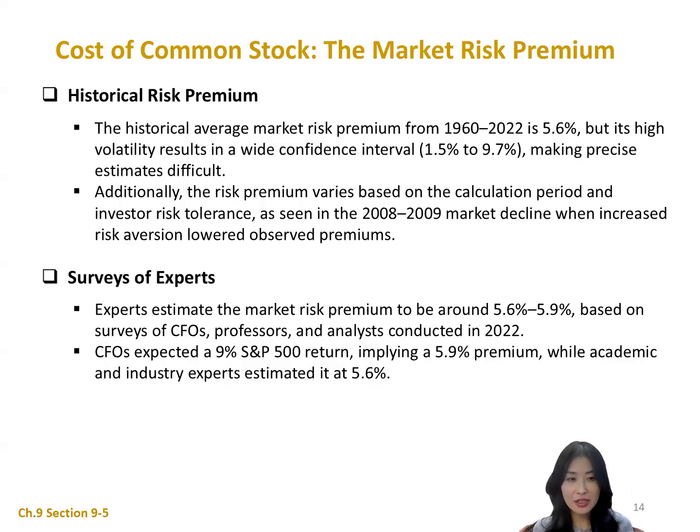This survey gathers responses from CFOs regarding their expected return on the S&P 500 over the next 10 years. The average expected return was 9%, but at the time, the yield on the 10-year treasury bond, a risk-free asset, was 3.1%. Subtracting the risk-free rate from the expected return, we get an implied market risk premium of 5.9%.